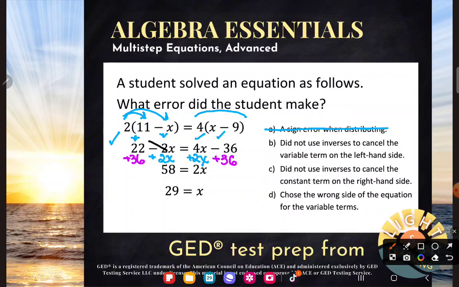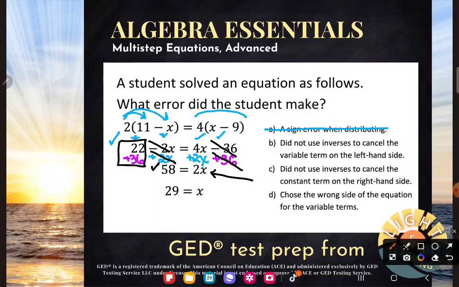Subtracting 2x and adding 2x would cancel on that left-hand side. That'd be great. And 22 plus 36 is 58. That's awesome. I like that side. Now on the right-hand side, subtracting 36 and adding 36 would cancel, but we found the problem. 2x plus 4x is not 2x. It's 6x.